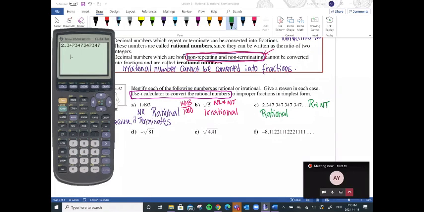Then, even though it's a pretty long decimal, it may or may not give you a fraction. You have to keep typing in 347, 347 until you get into at least the second row. And for the TI-84s, it'll just keep moving the screen. As long as you go past the end of the screen, the calculator registers, okay, this must be a non-terminating decimal. So once we do that, we push math, enter, enter, and there's our fraction.